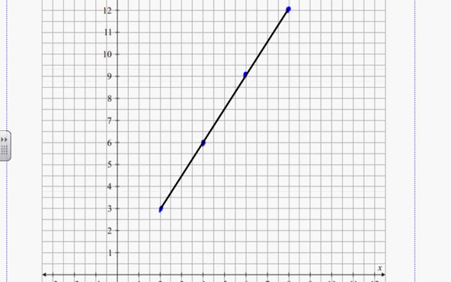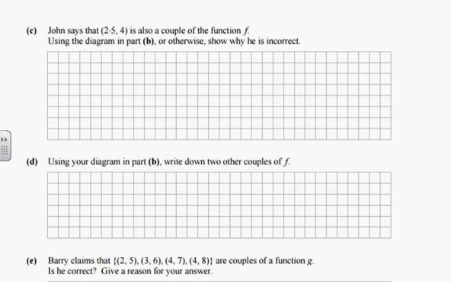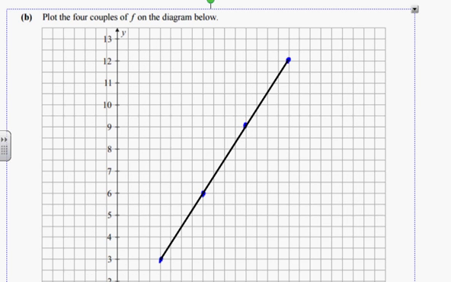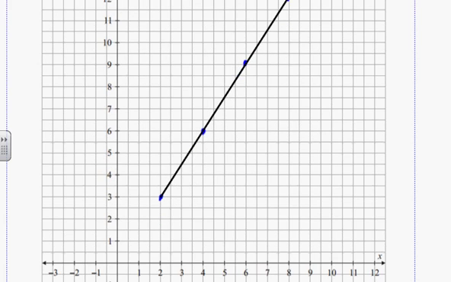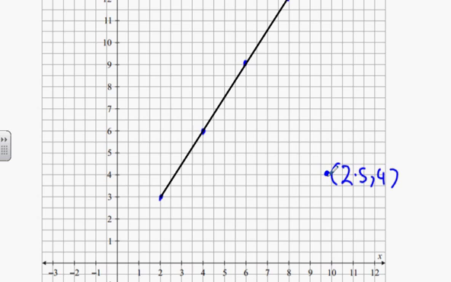Okay, what's the question after that then? John says that 2.5 and 4 is also a couple of the function. Is he right? Where's 2.5, guys? Where is this point? 2.5 and 4 is this point here.